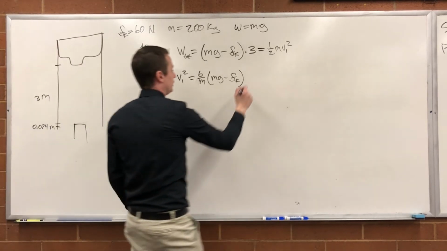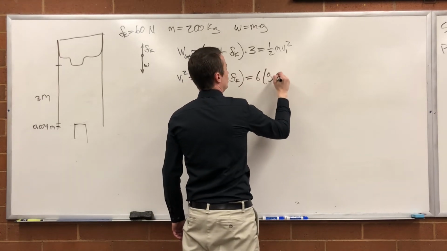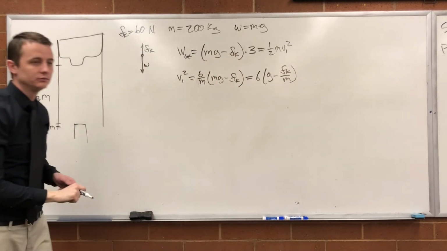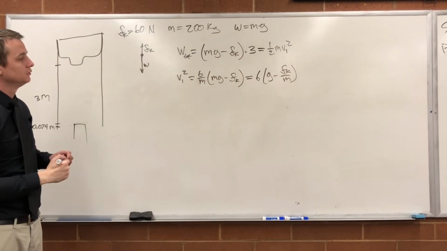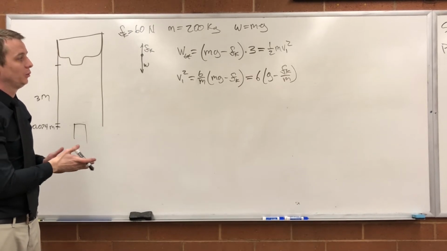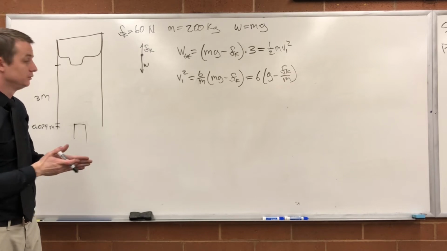You can if you want. We can distribute that m inside, so we can rewrite this as 6g minus f sub k over m. Wouldn't it be multiplying f sub k by 1 over m? Oh, yeah.